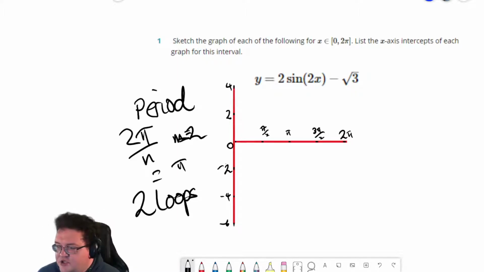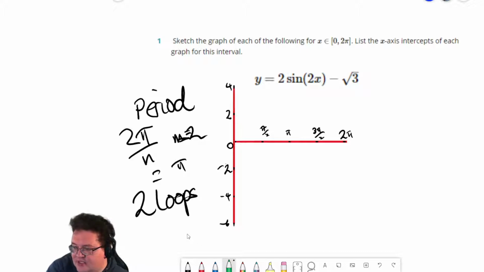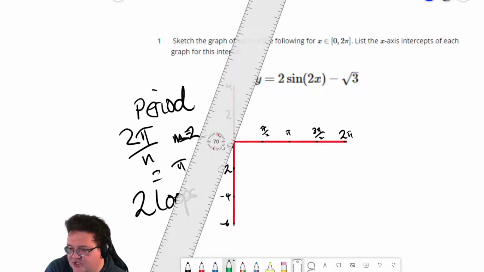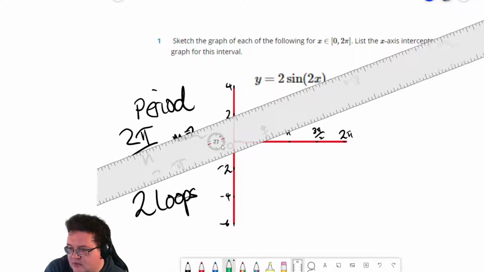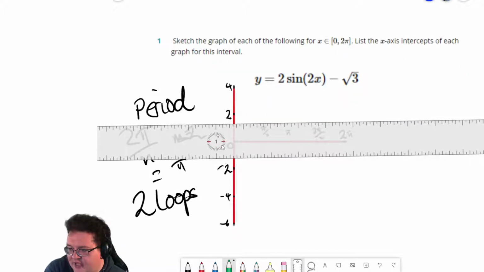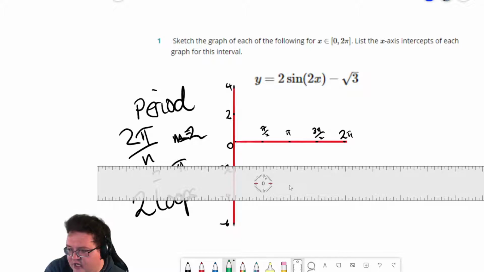So what I now need to do is mark my center line. And in this case it is going to be negative root 3. Now negative root 3 is about negative 1.73. So my center line is going to be just above minus 2. So I'm going to put a center line in.